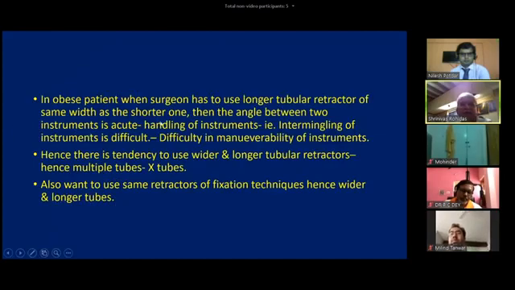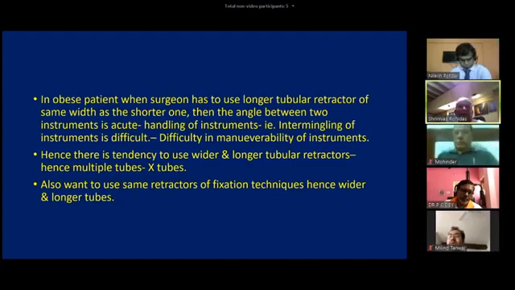In obese patient, when the surgeon has to use longer tubular retractor of the same width as the shorter one, then the angle between the two instruments is acute and the handling of the instruments become difficult. Hence, there is a tendency to use wider and longer tubular retractor in the fixed tubular retractor system. That is not there in the mobile tubular retractor like Destandau.